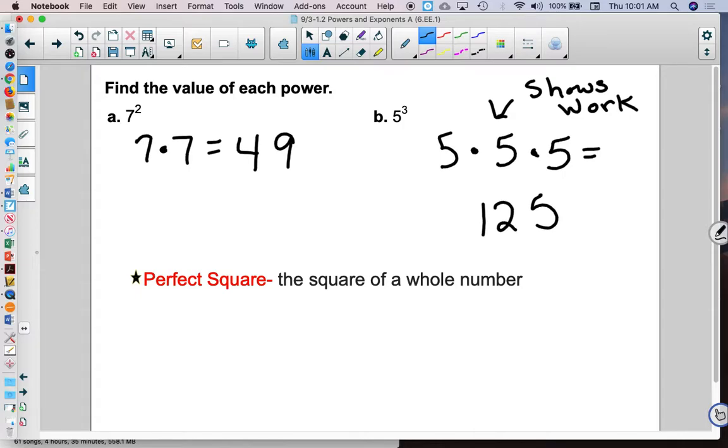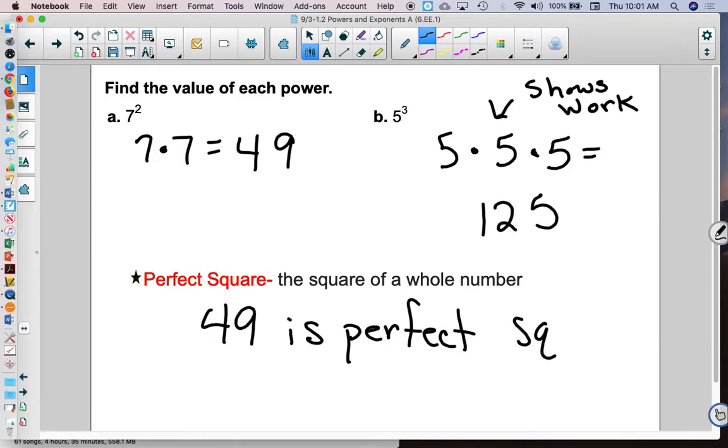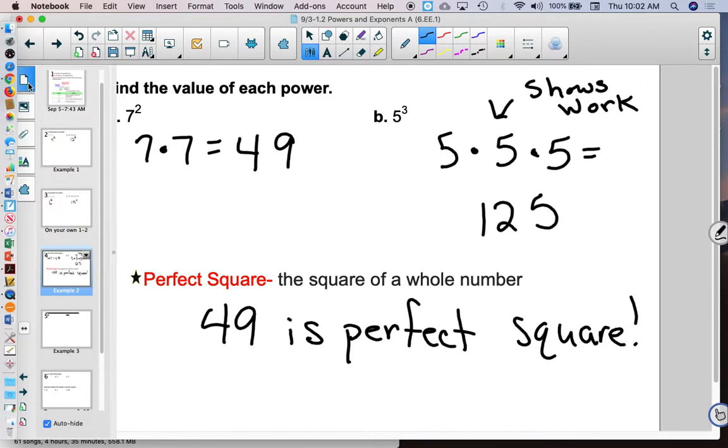Good. 49 is a perfect square. Good, because you're going to need to know that. You're going to need to know how to figure it out, okay? Are we good? Fist to 5, understanding level right now. 5's the best. I'm seeing 4s and 5s mostly. That tells me I can move on.